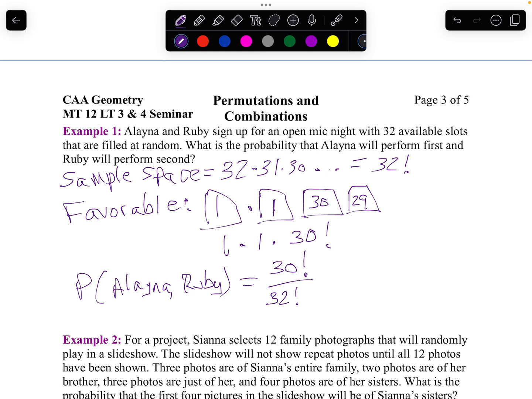Now, I could write that out. I could write 32 factorial as 32 times 31 times 30 factorial. And then notice my 30 factorials reduce out. So I'll get 1 out of 32 times 31.